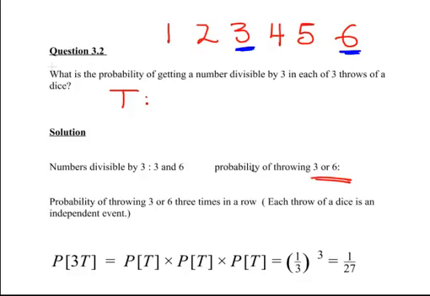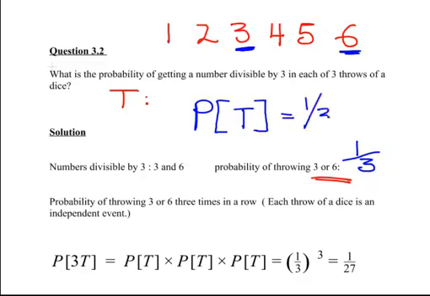So necessarily, the probability of throwing 3 or 6 is 2/6, or in other words, 1/3. So the probability of T is 1/3.